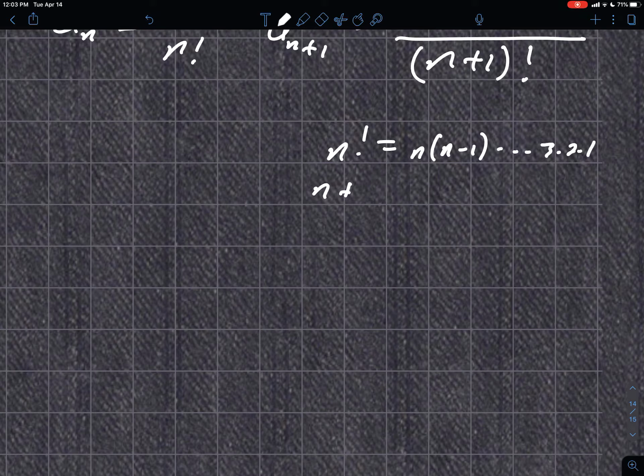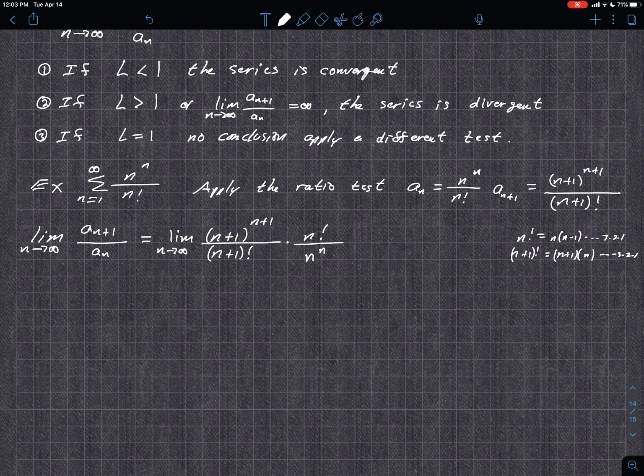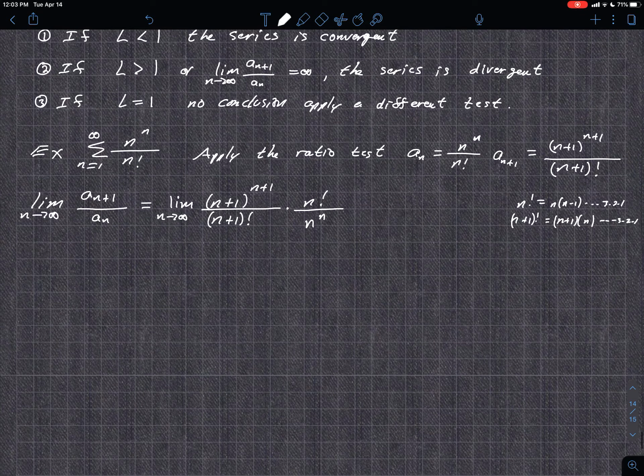Just keep that in mind. So n plus 1 factorial is n plus 1, and then n, and then all the way down to 3, 2, 1. So everything's going to cancel out and reduce, and you end up with just n plus 1 in the denominator.